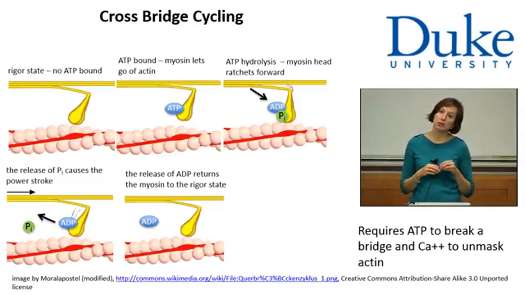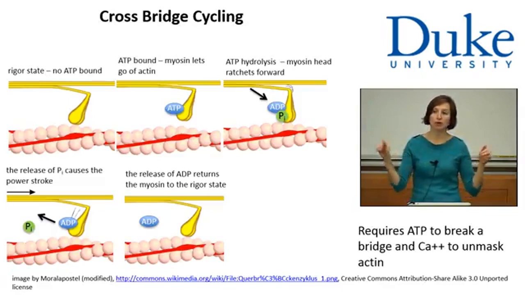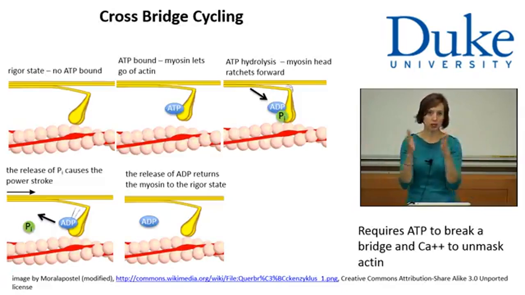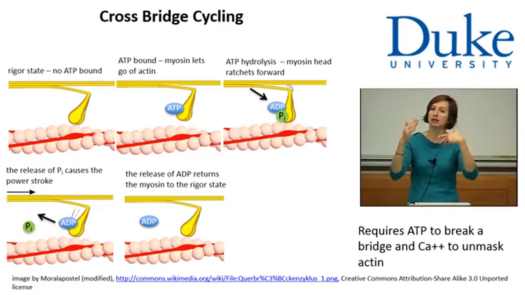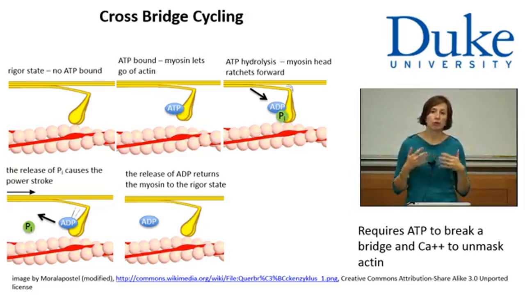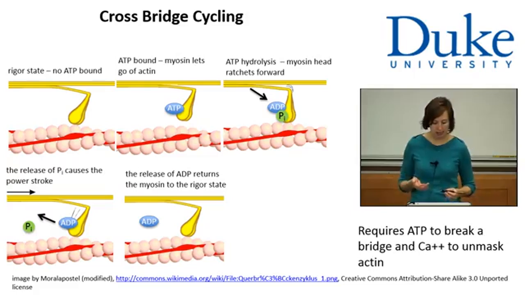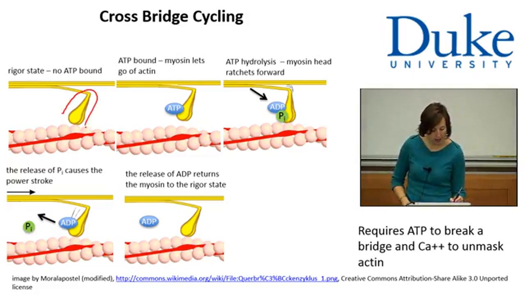Then what's going to be required for the actual contraction to occur, once we have allowed myosin to bind actin, is that we're going to require ATP as an energy source. So myosin is going to be an ATPase. Without ATP, this is a myosin head that's emanating from the thick filament here.